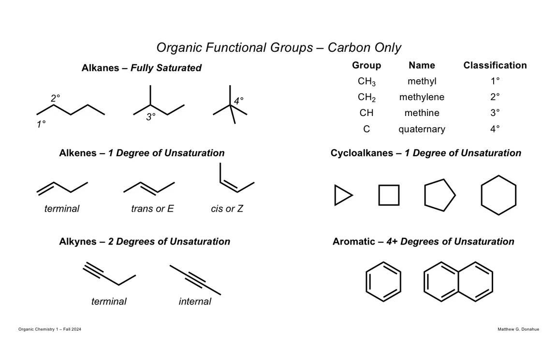So we'll review the carbon-only functional groups, and then we'll get into this molecule called gifratoxin and start asking some questions about it. So alkanes, again, the A and E tells you it's fully saturated. That's 4 sigma bonds.